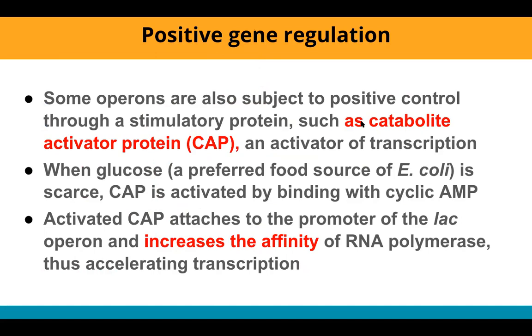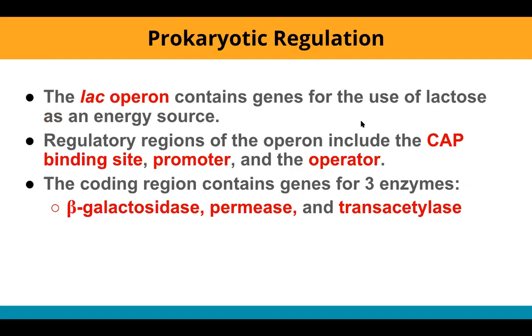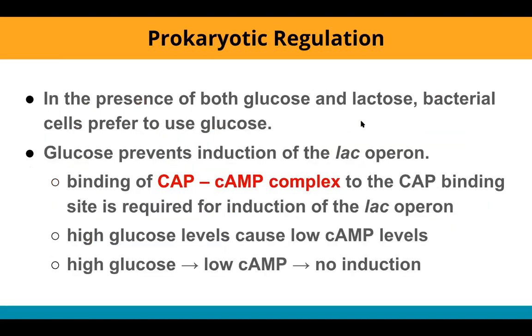That activated CAP attaches to the promoter of the lac operon and increases the affinity of RNA polymerase, thus accelerating transcription. The lac operon contains genes for the use of lactose. So I think this is just a reiteration.